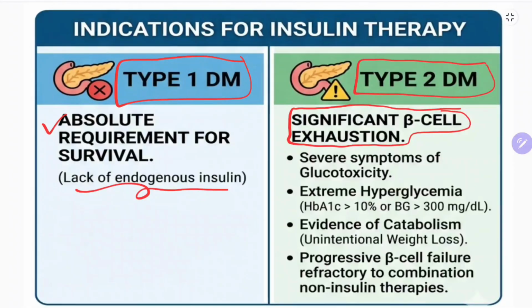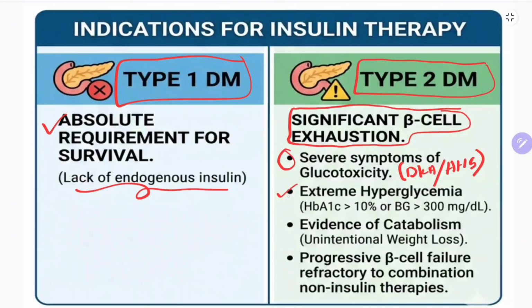So where is that beta cell exhaustion seen? Number one is severe symptoms of glucotoxicity, for example in diabetic ketoacidosis or hyperosmolar hyperglycemic syndrome. In these two states you have symptoms of glucotoxicity.